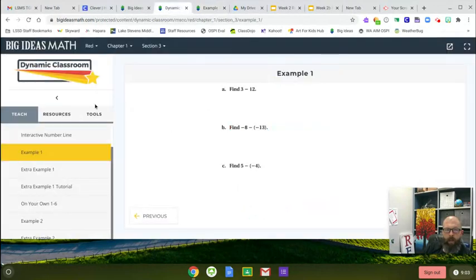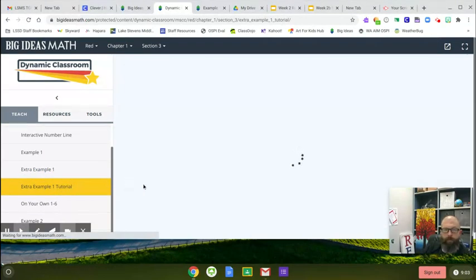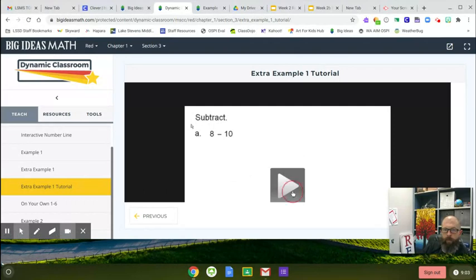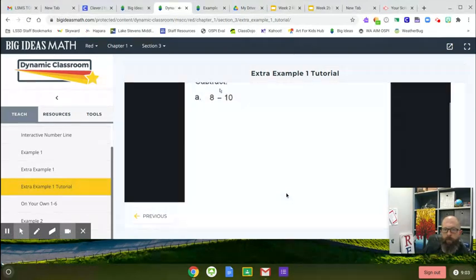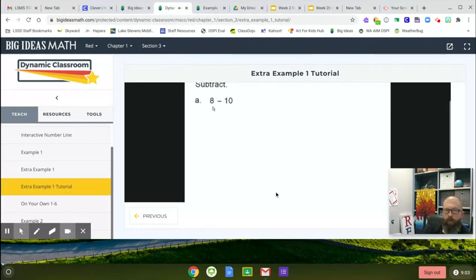All right, let's take a look at some more here. We have 8 minus 10, negative 3 minus negative 6, and 2 minus negative 4. Notice that 10 is greater than 8, so this is not a normal subtraction problem. In order to subtract two integers, we will write it as adding the opposite instead of subtracting.